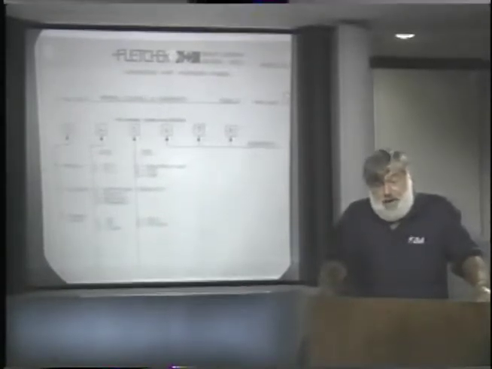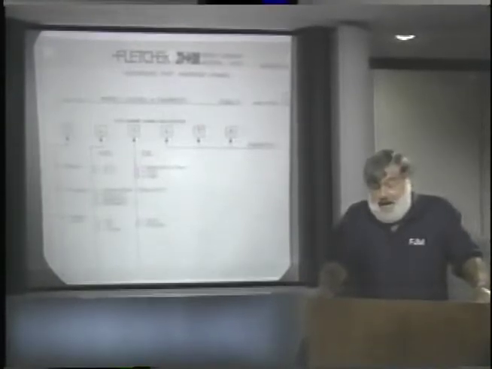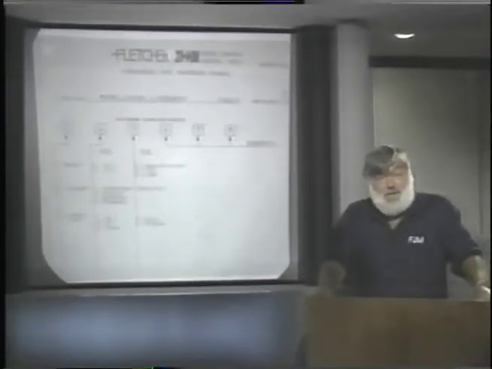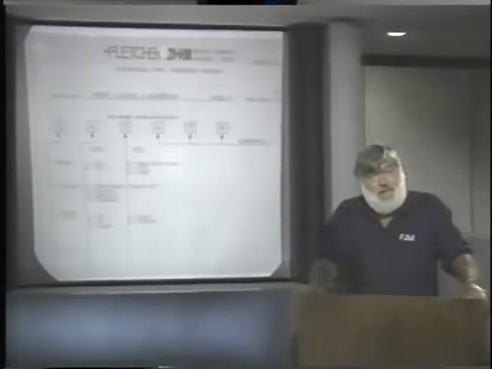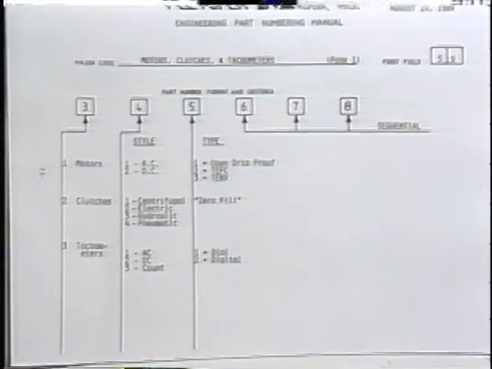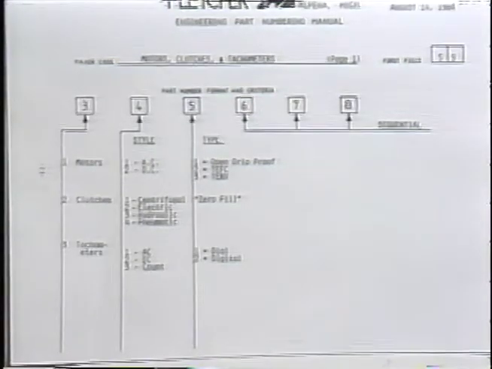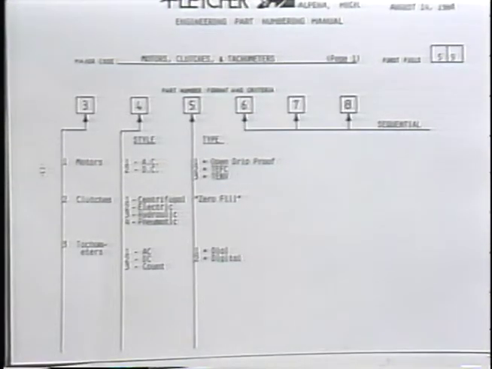They put motors, clutches, and tachometers into one commodity code called 59. Now when you do that, 59 by itself addresses 3 major commodities. So I think it becomes quite apparent that the second field, and in this case the second field is 1 digit, addresses a number for a motor, a number for clutches, and a number for tachometers, and guess what those numbers are?